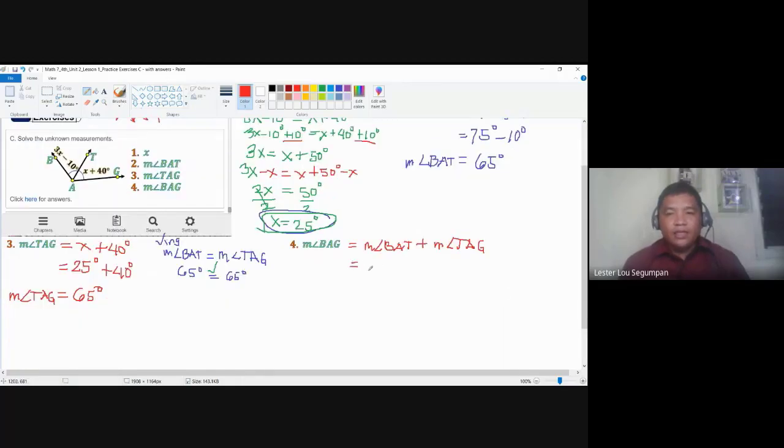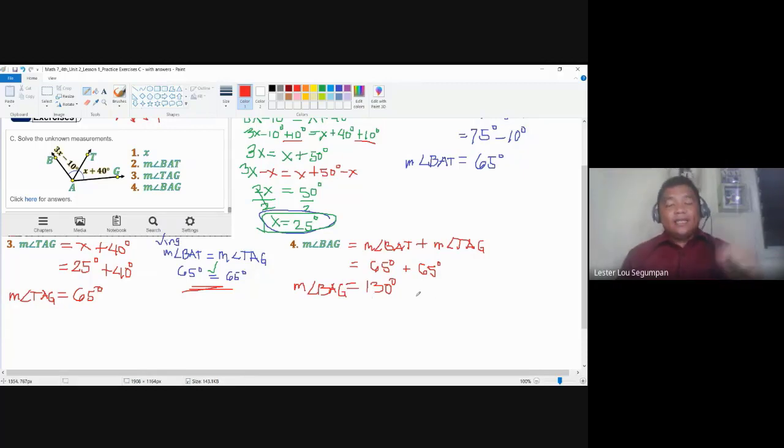Angle BAT is computed to be 65 degrees, and we are already assured of that. And the measurement of angle TAG is also 65 degrees. So we have here 130 degrees for the measurement of angle BAG.